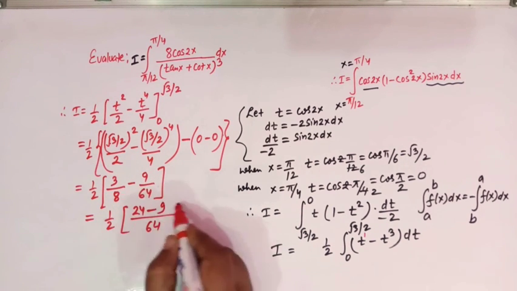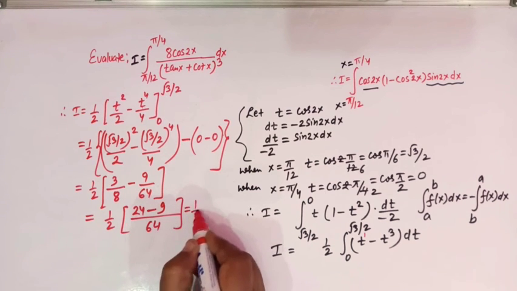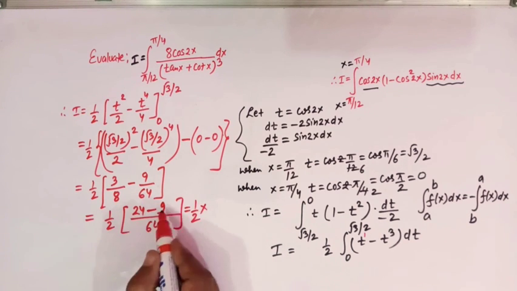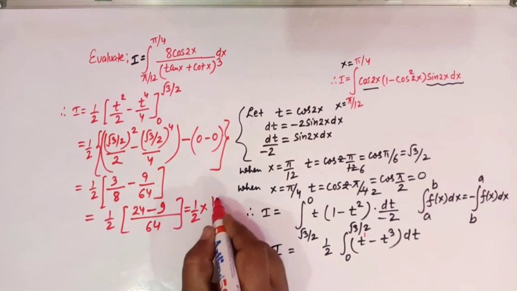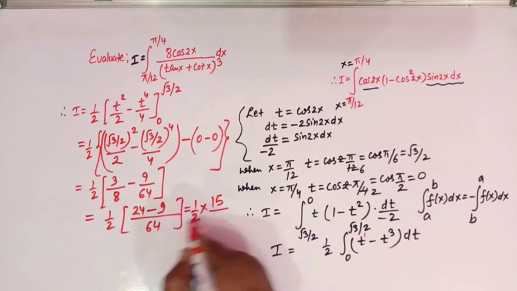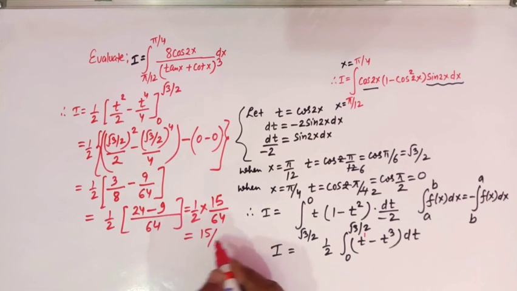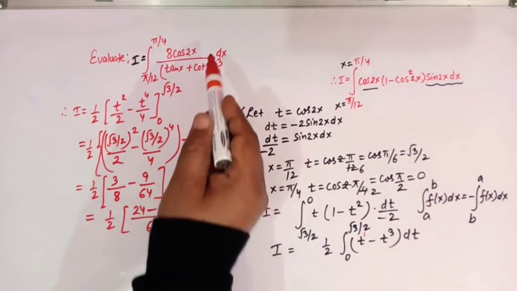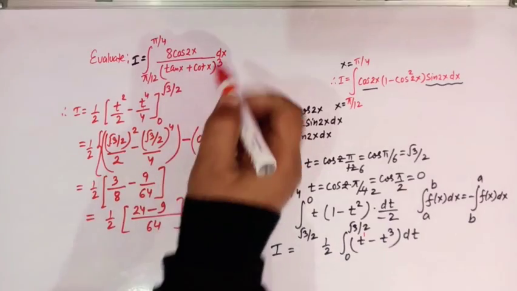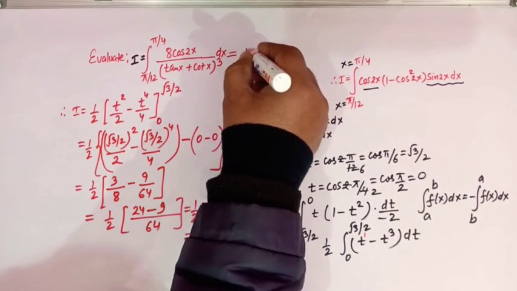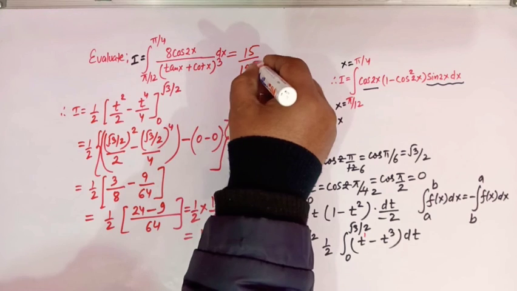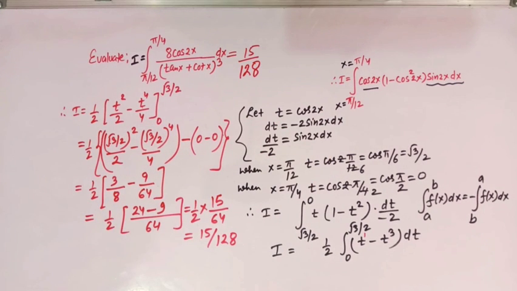So this is half times (24 minus 9), which is 15, over 64. So now we have 15 over 128. So viewers, the value of this definite integral is 15 over 128. This is how we solve this definite integral.